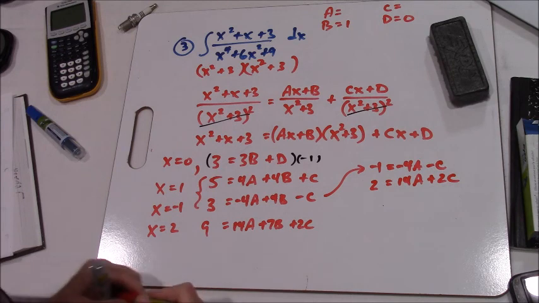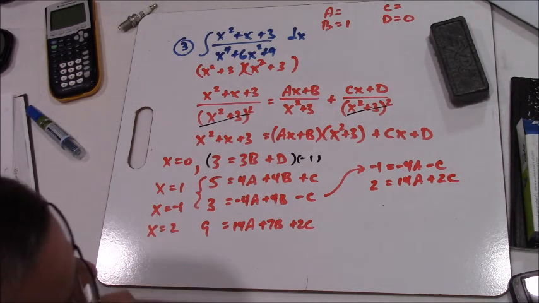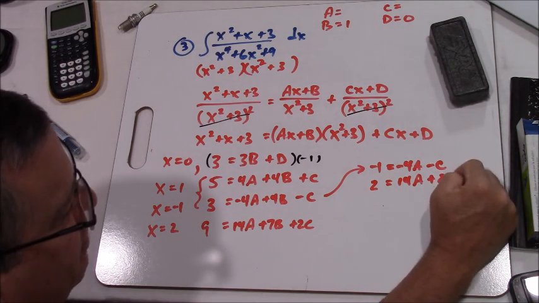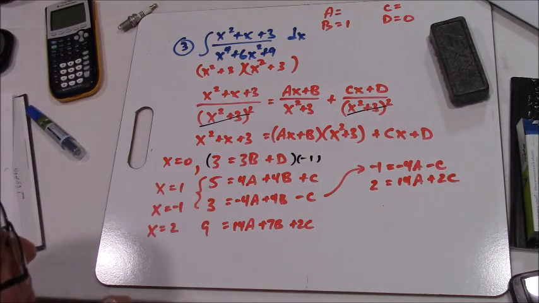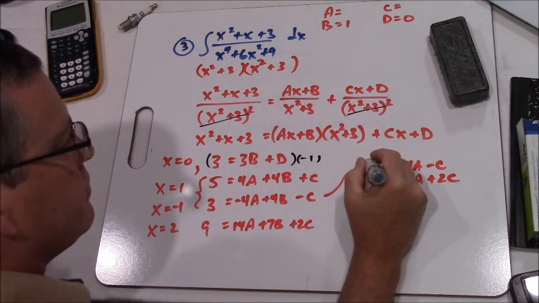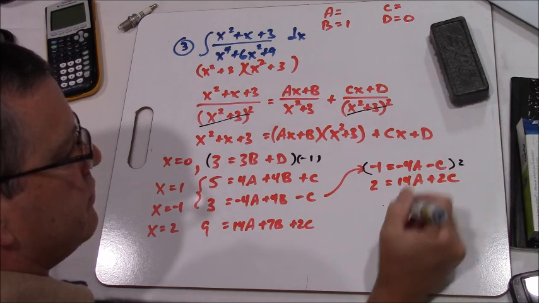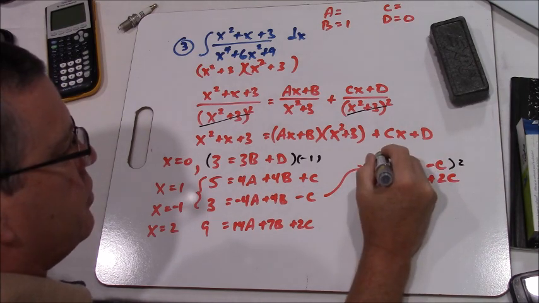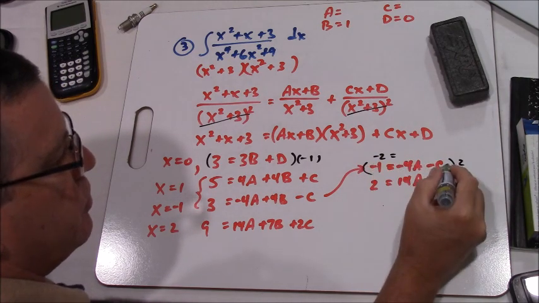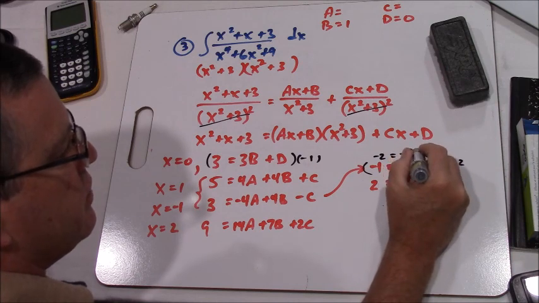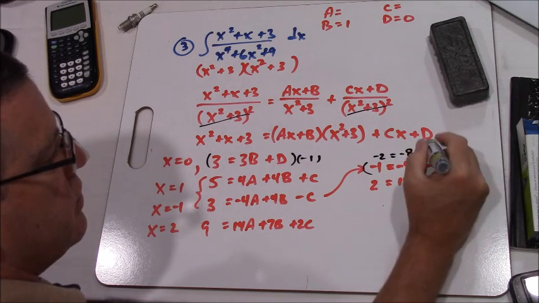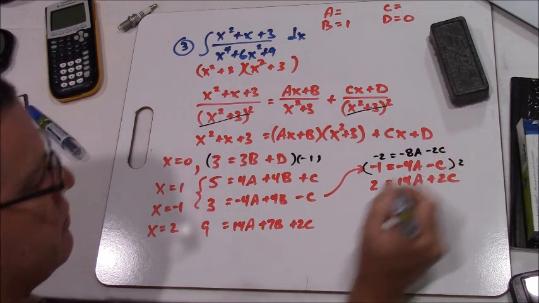So now I'm going to solve this system of equations. And I can get these to be opposite by multiplying the top equation by 2. So let's do that. When I do that, I get -2 is equal to a -8a minus 2c.